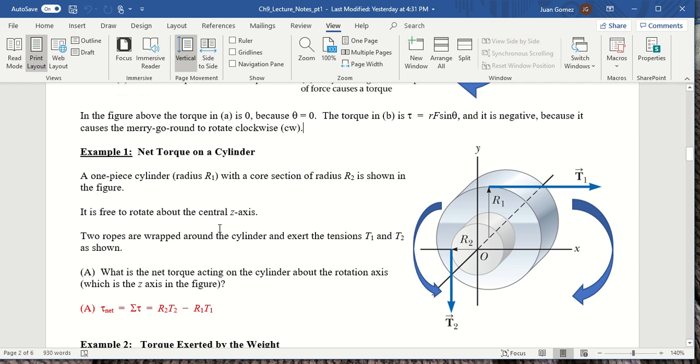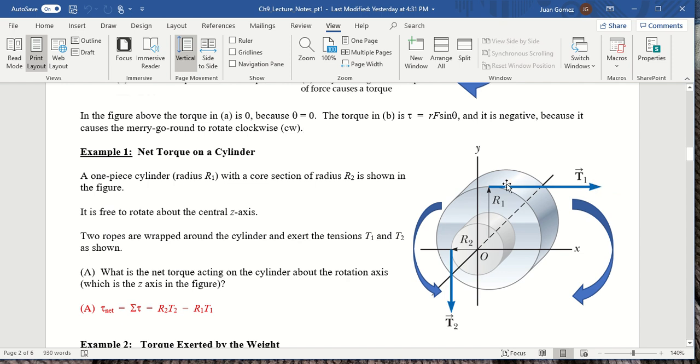And you're applying two forces. Two ropes are wrapped around the cylinder, and somehow you pull on the ropes. And remember, string, rope, cable attached to an object, that's a tension force. So one of the ropes, the tension force is T1, as indicated by the arrow.